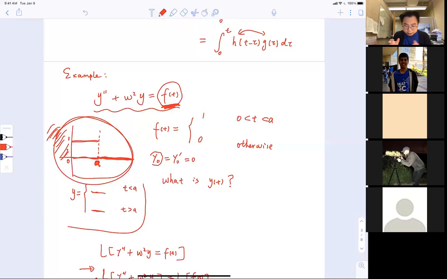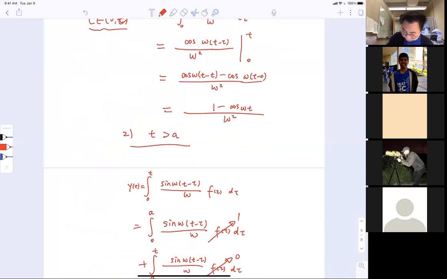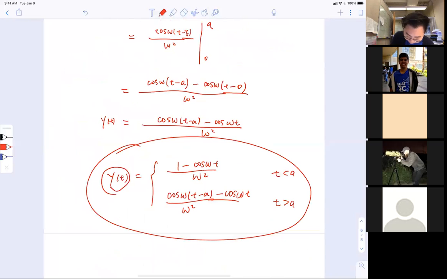This y can be regarded as a position, so your position as a function of time should also have some discontinuity that reflects the discontinuity in your force. You can see here, your position indeed has different expressions within different regimes.